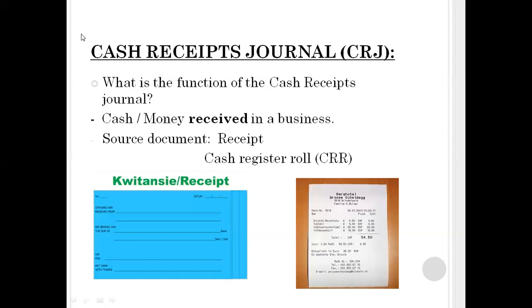So the journal we're going to do is the CRJ, the Cash Receipts Journal. It's about cash or money received, and the source documents involved are a receipt or a cash register roll, and we're going to use the abbreviation CRR for that.